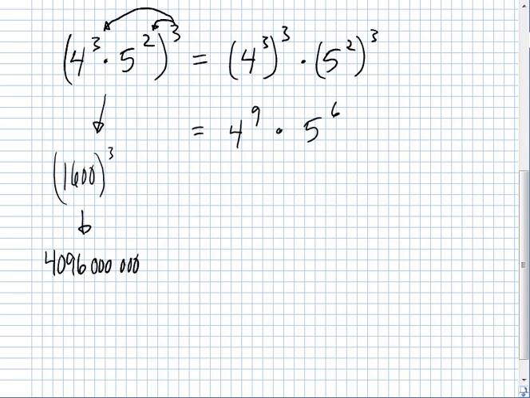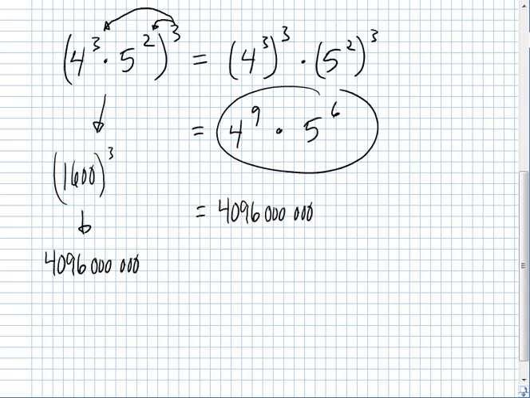Likewise, if you do all the operations I told you to do, you end up with 4 to the power of 9 times 5 to the power of 6. And if you calculate that on your calculator, you get the same answer. Ta-da! So it does work even though you don't really understand what you just did, but you did it. And that's all that's important.